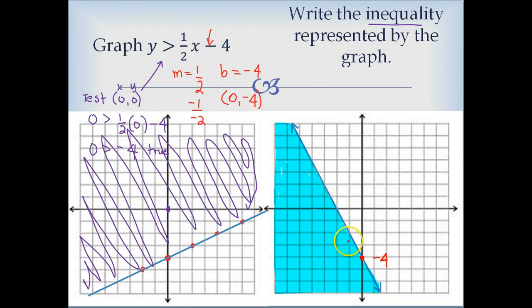So let's try that point, and it looks like even this point would work too. So from here, what would we do to get to this point? Well, we would go up 2. That would be a +2 for our rise. And to the left one, which would be a -1 for our run.